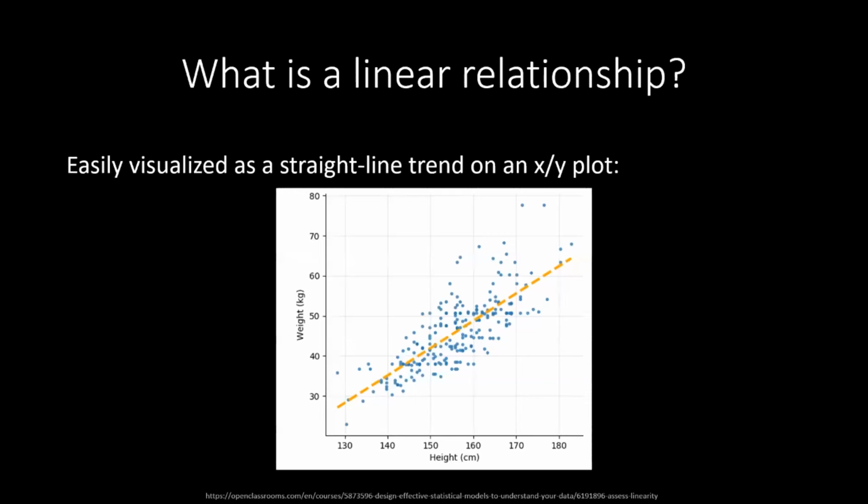A linear relationship, just to remind you and give you a bit of a visual aid, you could think of as being able to draw a straight line through a cloud of points on an XY biplot in such a way that that line captures the relationship between those two variables.